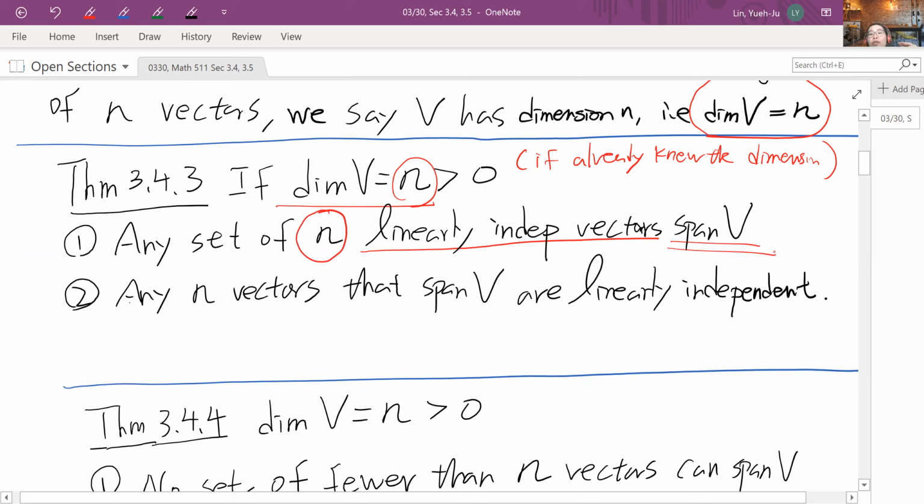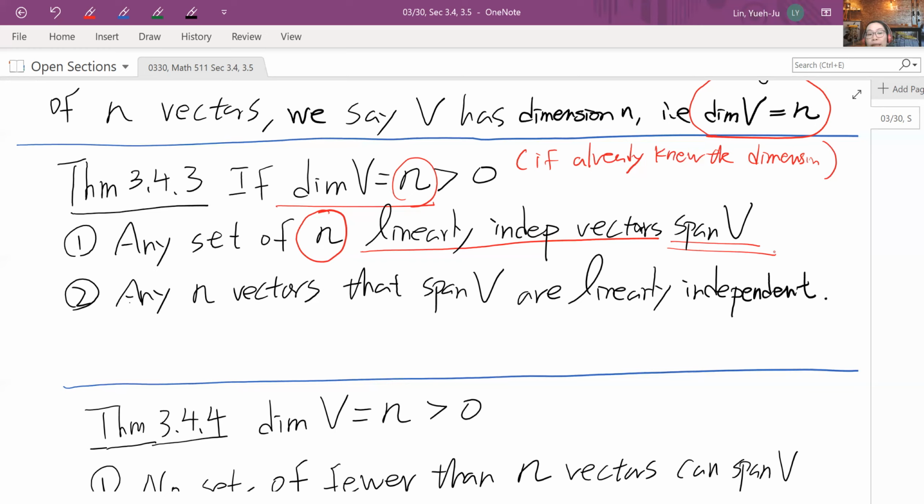So for example, if you knew that a vector space has dimension 5, then if you can find me 5 linearly independent vectors, those 5 vectors would definitely form a spanning set for the vector space, meaning these 5 linearly independent vectors will be a basis.